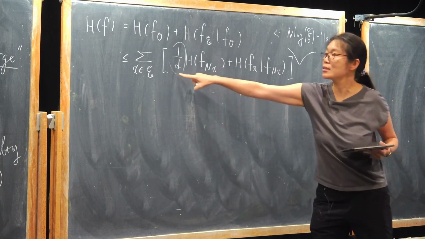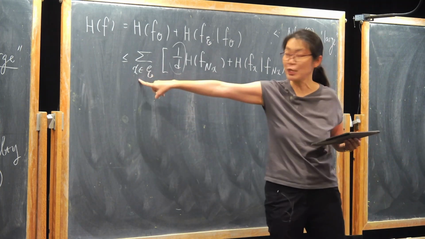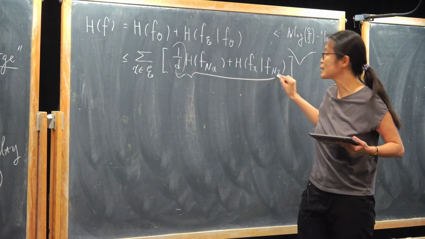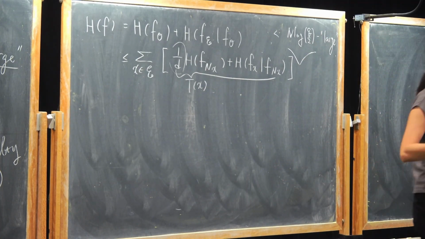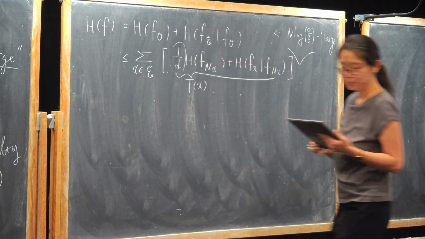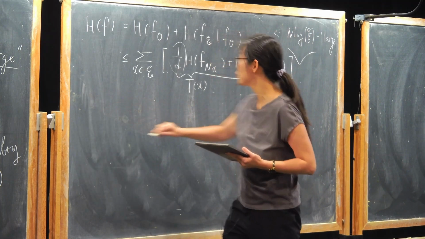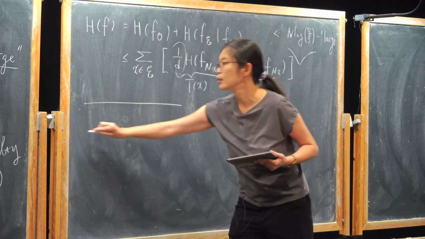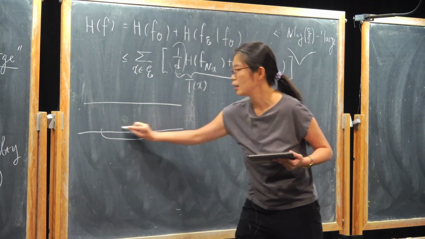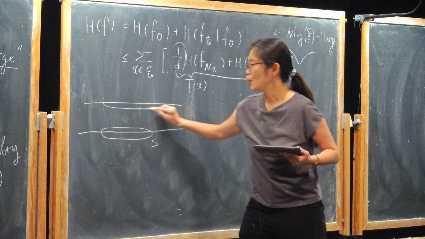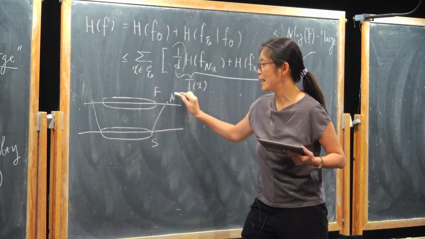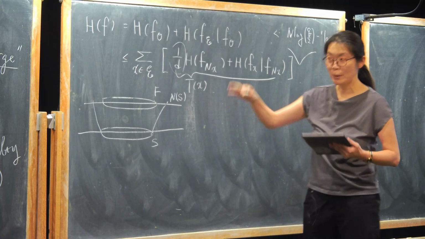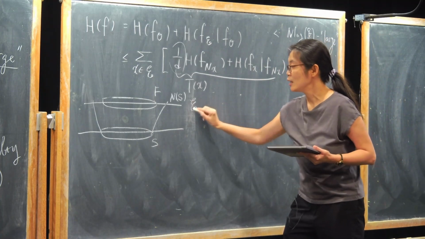Because this term will be computed for each x, let me give it a name. Let me call this T of x. My goal is to bound T of x depending on where x is. Let me draw a picture. This is our S. This is our F. And this is the neighborhood of S. Then I partition E into 3 parts.